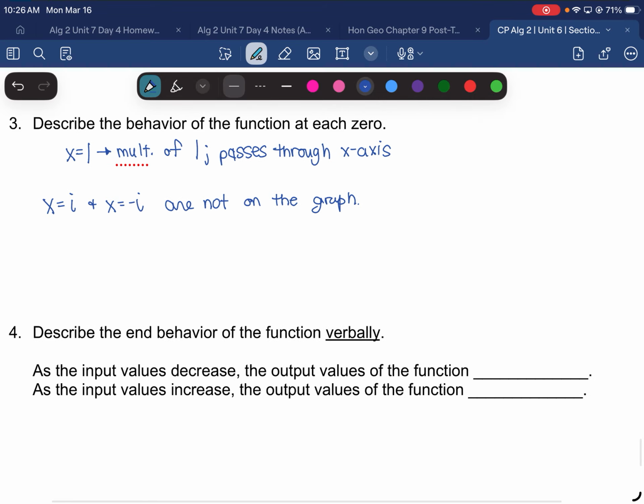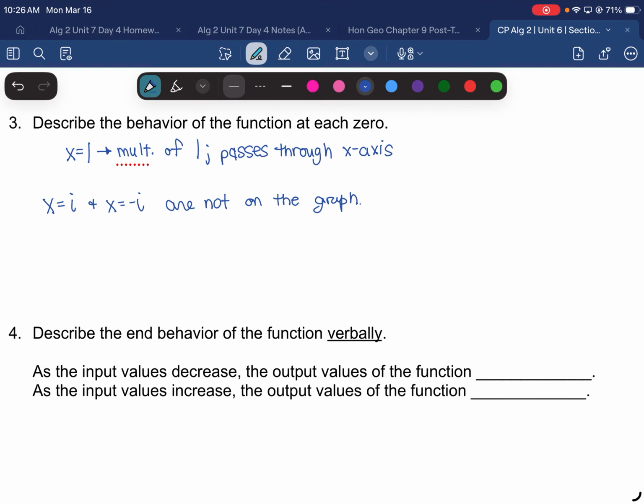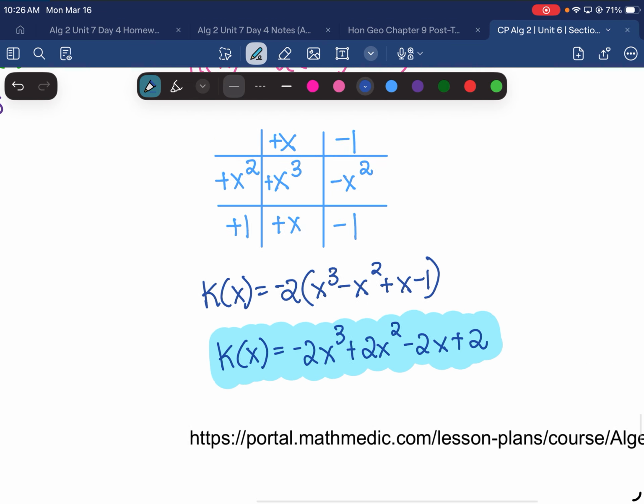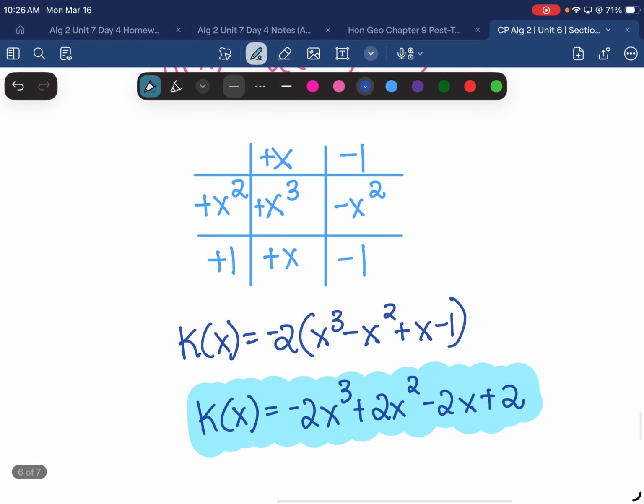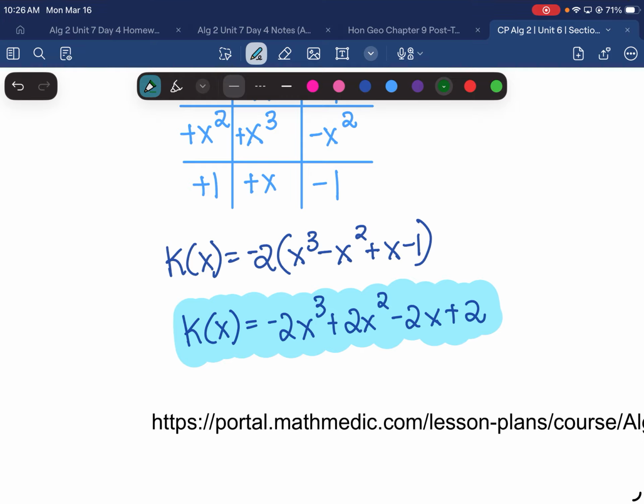Okay, now I'm going to take it back to section 3. What are these fill in the blanks? As the input values increase, the output values of the function what? Remember, you want to use what's happening in standard form. Is the leading coefficient positive or negative? Negative.